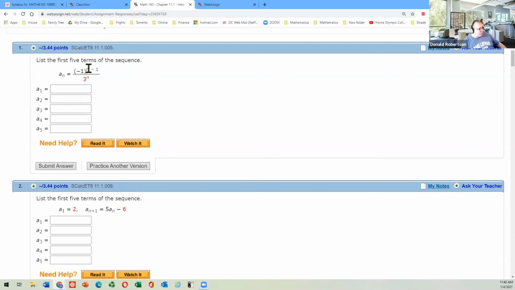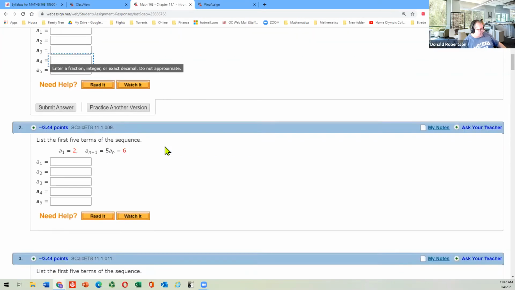You probably would want to do these by hand because of that. So do the top one, do the bottom one. It looks to me like the answer is going to be -1/3 plus 1/9, -1/27 plus 1/81. That's fine.